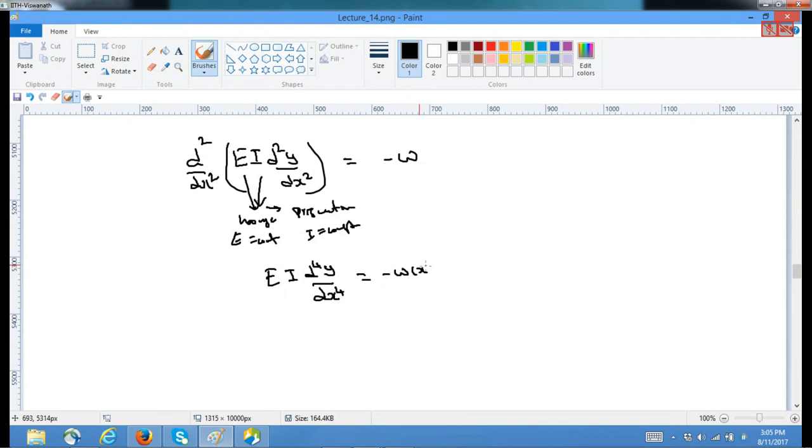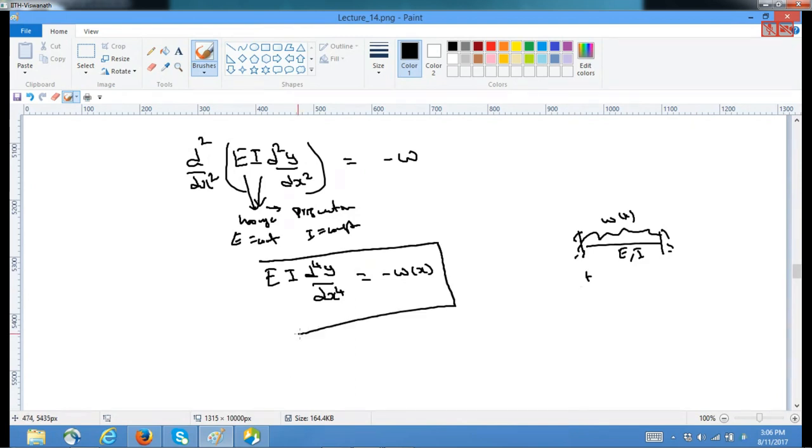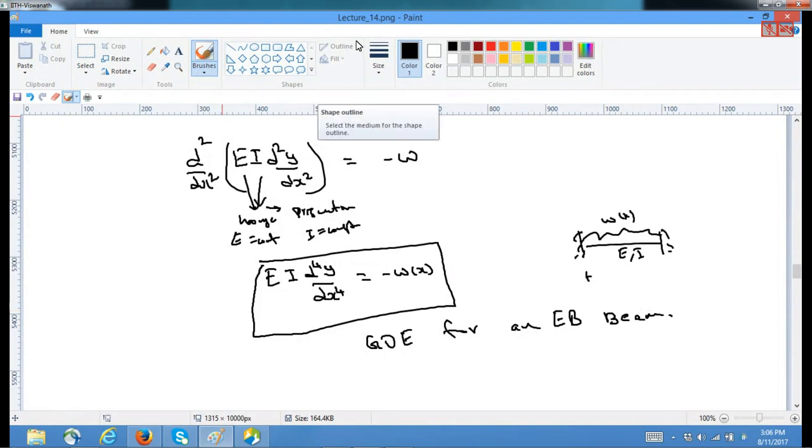The boundary conditions can be anything, but when you show w of x, with E, I and the length L, this is the governing differential equation for the Euler-Bernoulli beam.